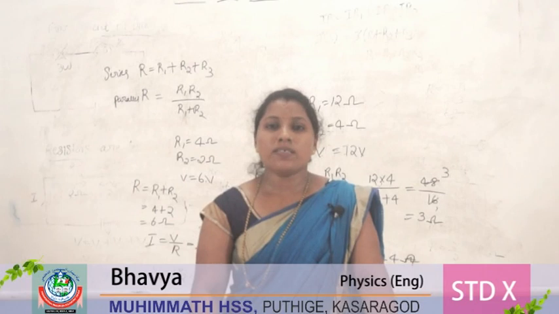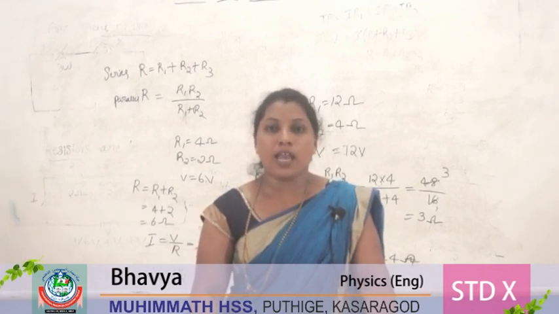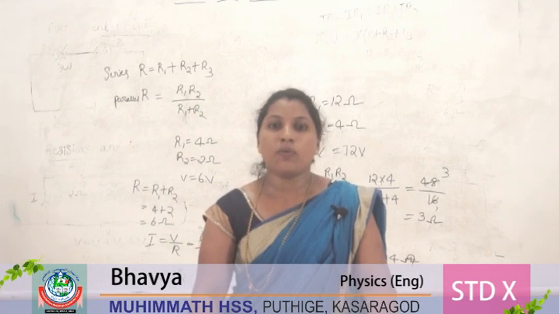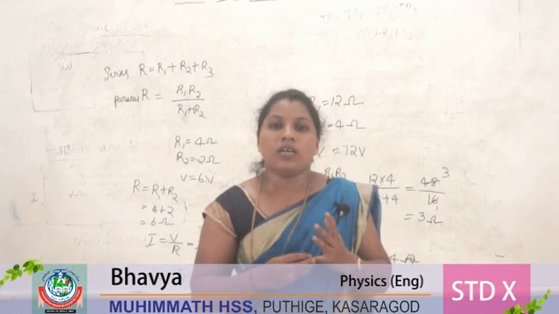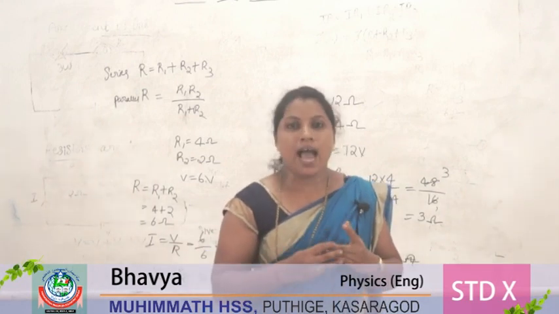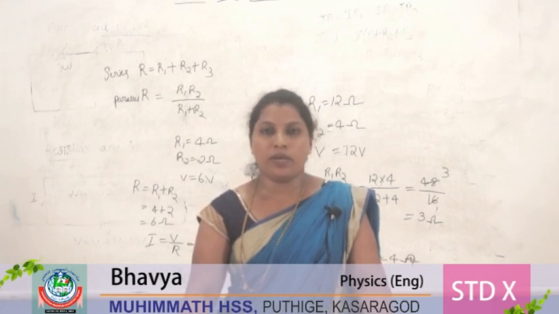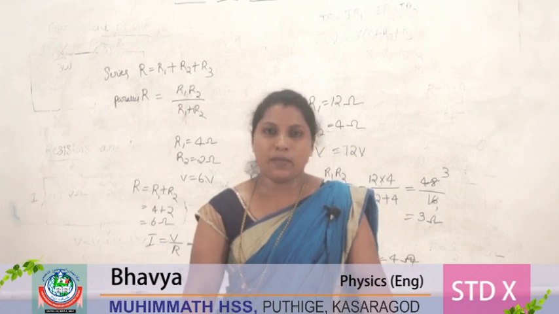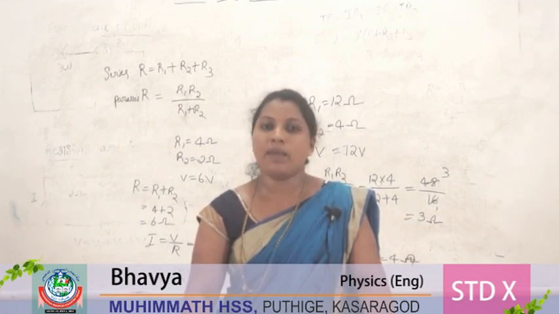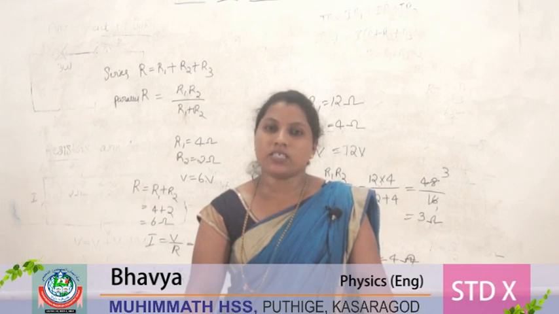So what are the peculiarities of nichrome? Nichrome is an alloy of nickel, chromium and iron. It is a mixture of nickel, chromium and iron. What are the peculiarities of nichrome wire? First, it has a high melting point, and next it has high resistivity.